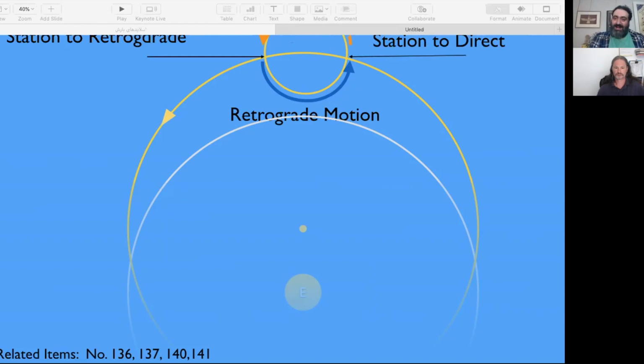And here there are two points, a station to retrograde and a station to direct. These two points are very valuable, like the nodes. Every conjunction between two spheres, between two elliptics, is very important, like the nodes, like Rahu and Ketu.